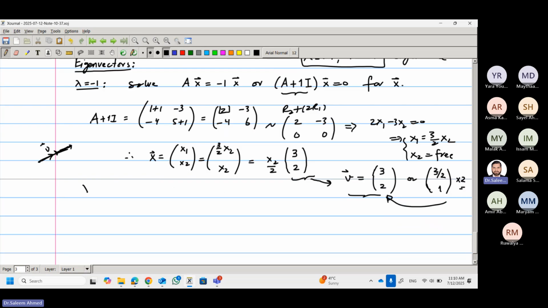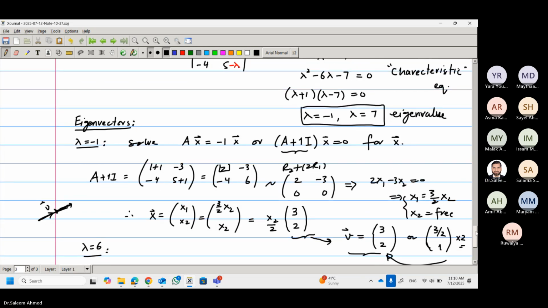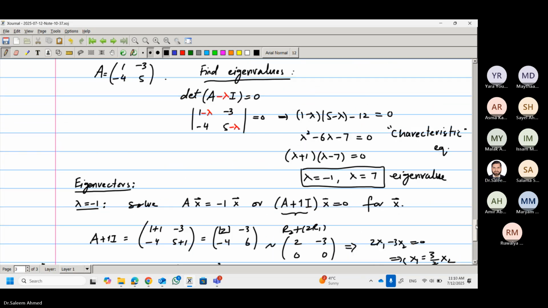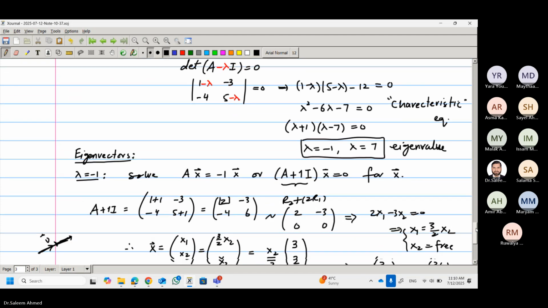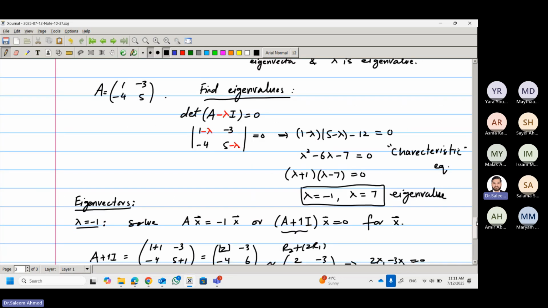Then you have the second eigenvalue, which is 6, right? Second eigenvalue was 6. 7, not 6. If you add the eigenvalues and add the diagonal elements, they are always the same.